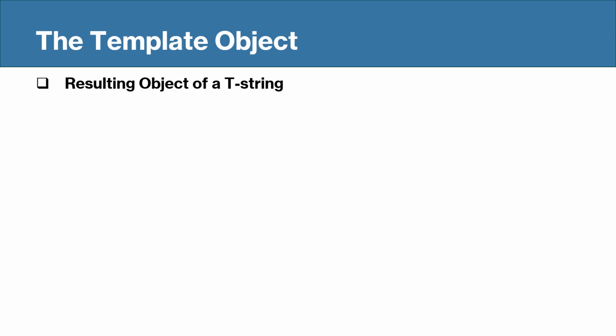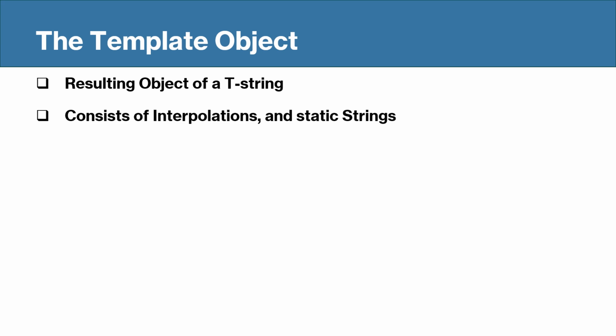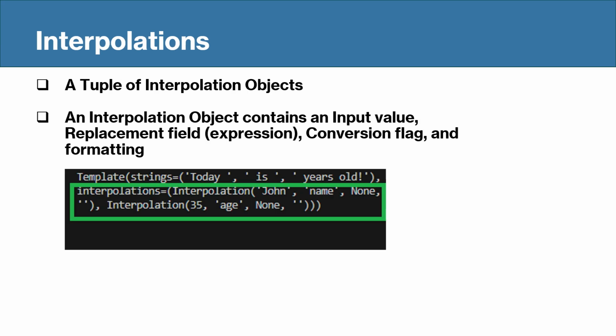The template object is what you get from a T-string, and it consists of two things, interpolations and static strings. Interpolations comprise a tuple of interpolation objects, and an interpolation object contains an input value, a replacement field, conversion flag, and formatting.